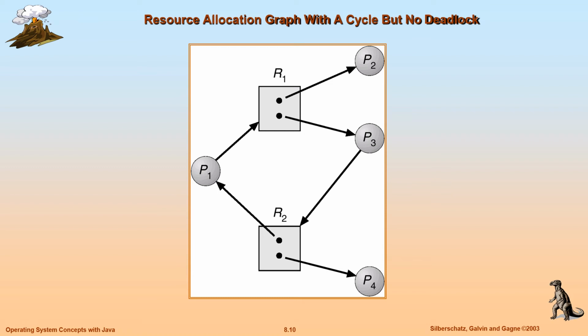This resource is with P2, this resource is with P3. P3 wants this and P4 wants this. Suppose P4 gives up, then it will be given to P3. Even though a cycle is formed, every cycle will not form a deadlock.